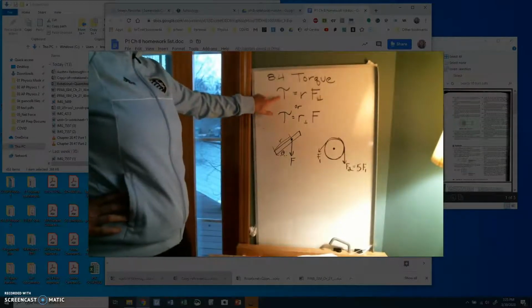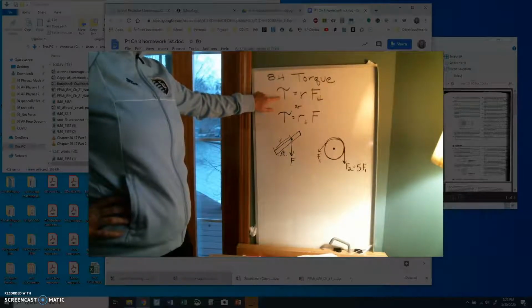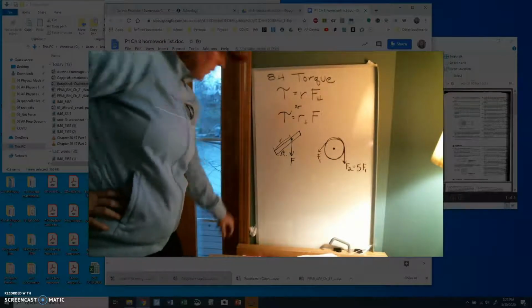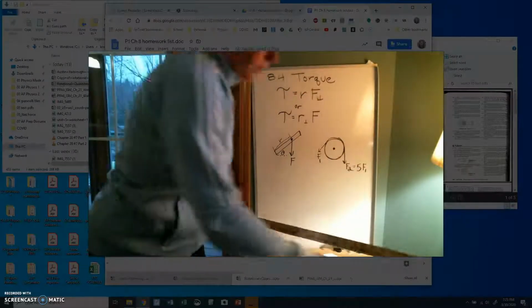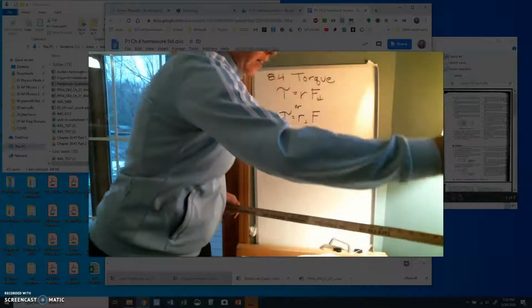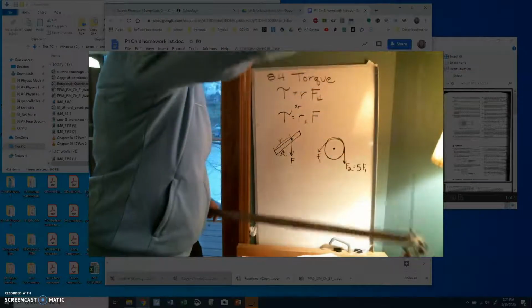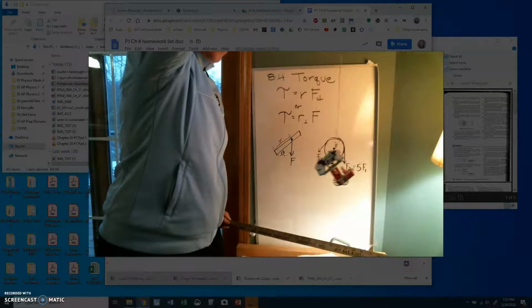So in the past, we've had torque, and we did this right before Christmas break. A torque had a radius and a force. Now, I could not find anything to hang, so we're hanging Legos.